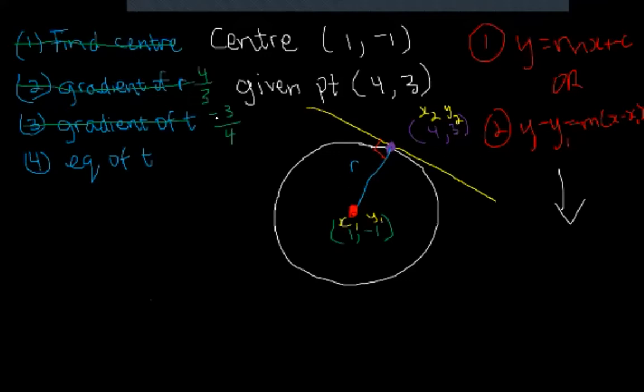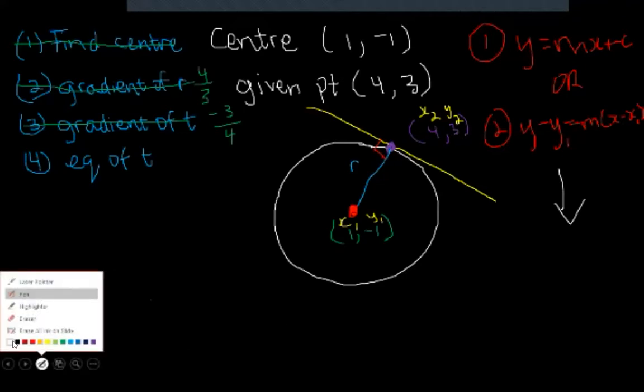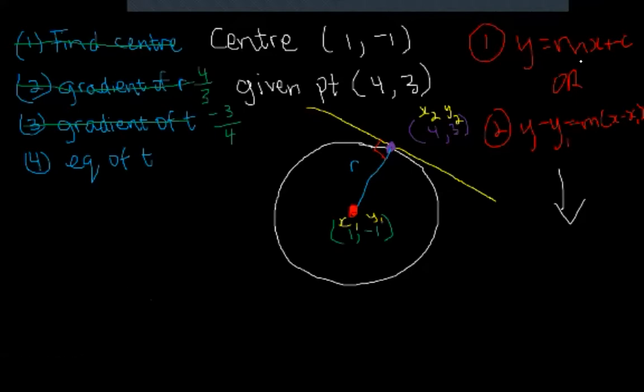For the tangent, we know that the gradient is minus 3/4, and we have a point that lies on the tangent. This purple point here, which is (4, 3). We could just substitute those values to get our equation. Using this first method, my y value is 3, is equal to m, the gradient of the tangent, minus 3/4, times x, the x value of my coordinates, which is 4, plus c.